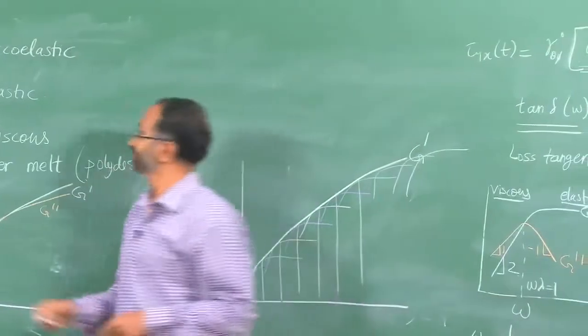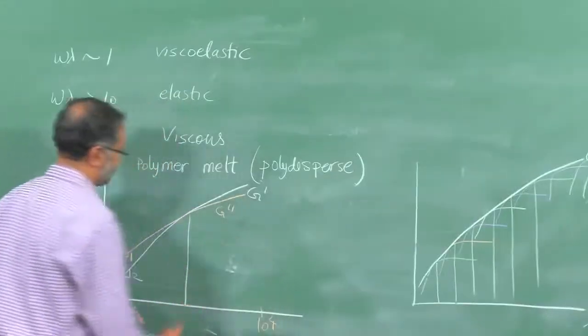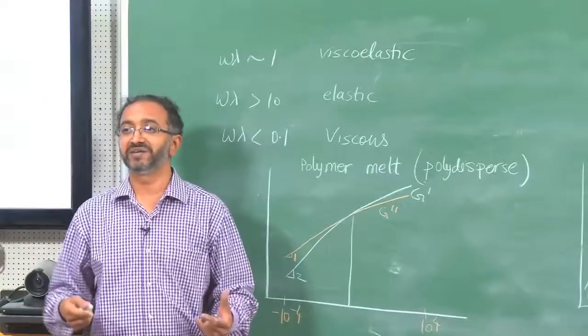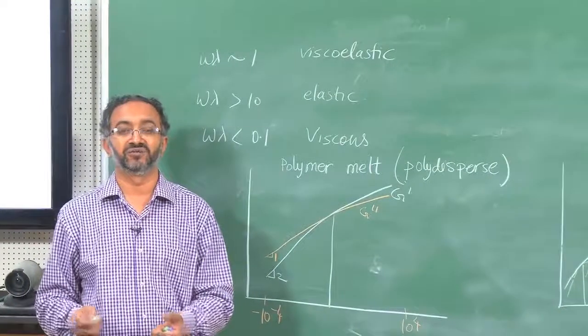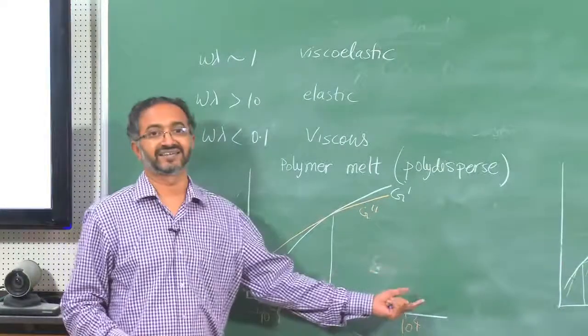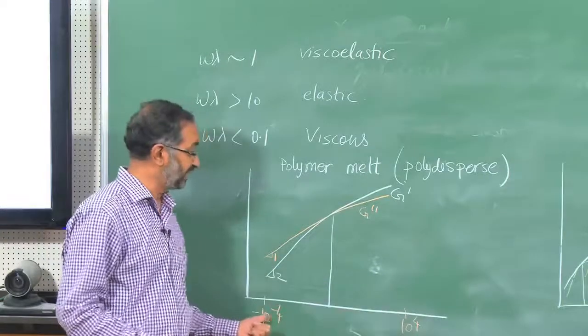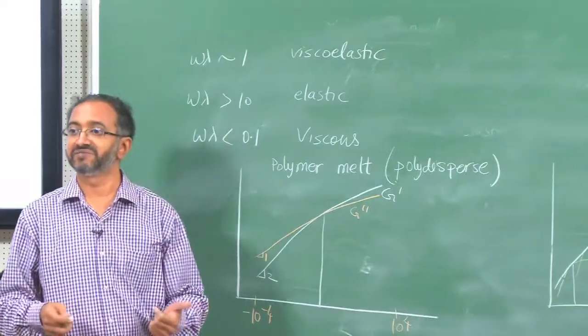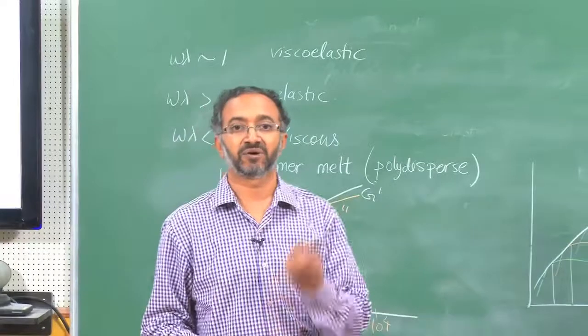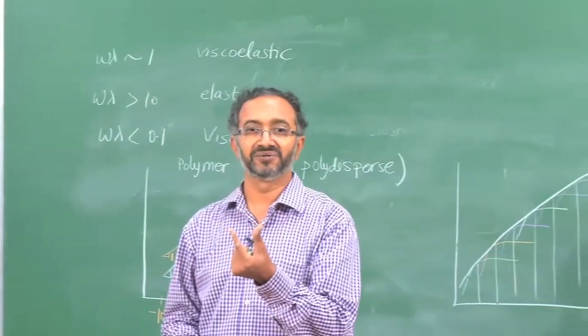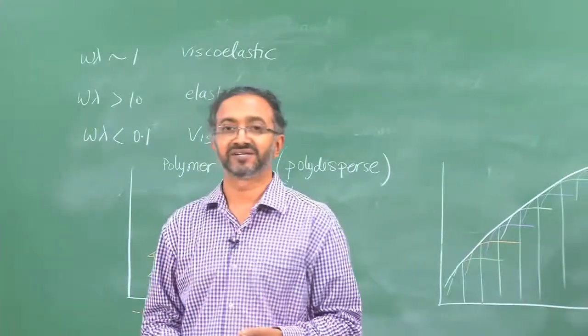The overall crossover frequency for a polymer melt is this, right, but it is not very meaningful because I do not see the overall response going from viscous-like to elastic-like, even though I am going 8 orders of magnitude in frequency. But according to the Maxwell model, if I go just 2 orders of magnitude, from omega equal to 0.1 to 10, a factor of 100, I should go from viscous to elastic response.